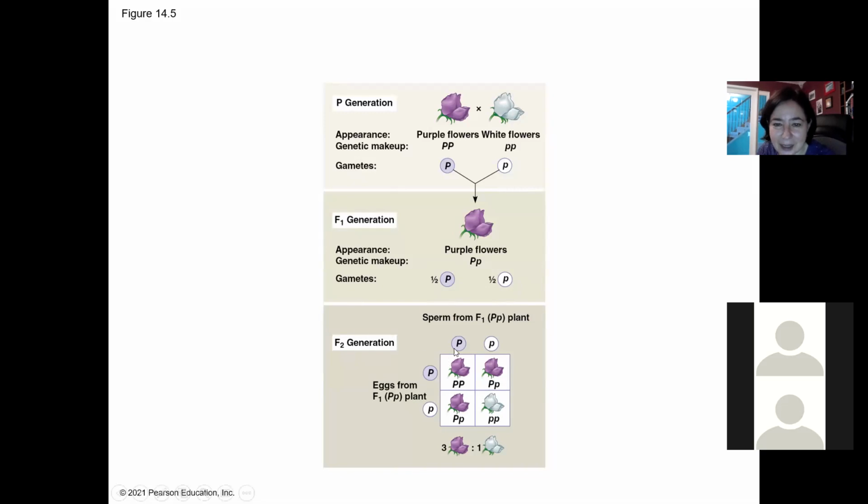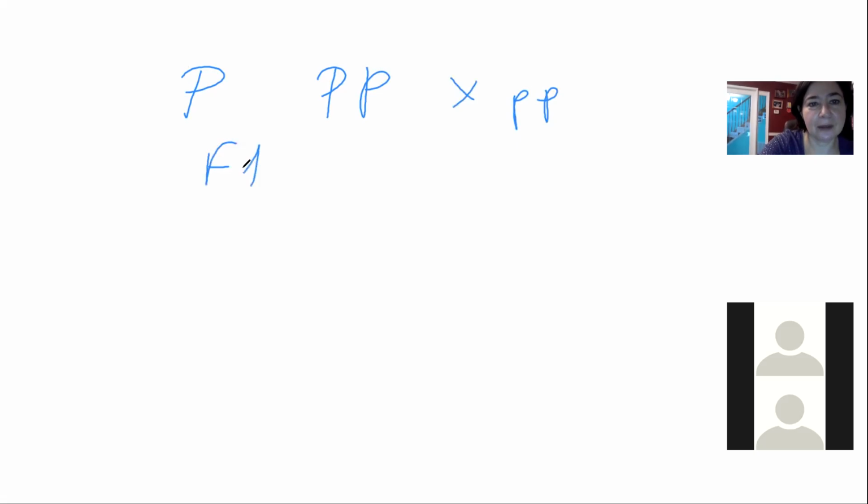Hybrids, the F1 generation, can contribute either purple or white. I think I'd better draw it just to make it easier. So parents, purple, white. F1, purple and white.